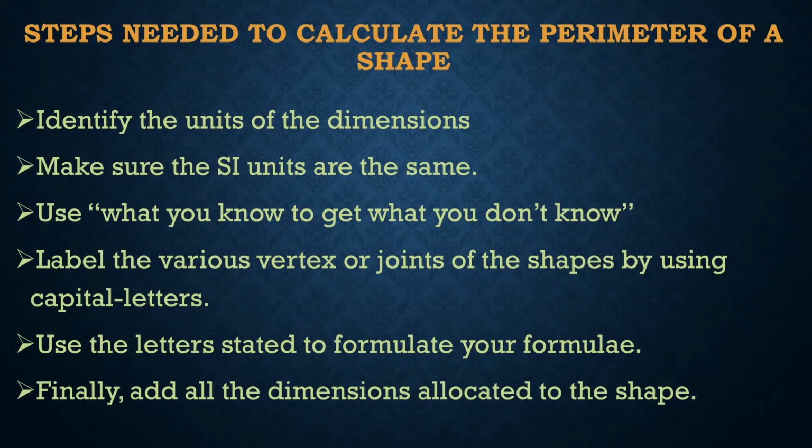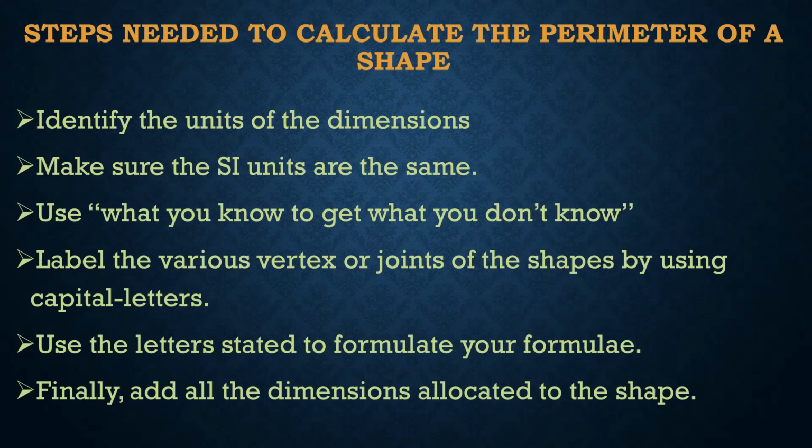Use the letters that you have stated to formulate your own formula. So after you have identified the number of joints of the shapes, use letters to identify the joints. After then, use the letters that you use to form your own formula.